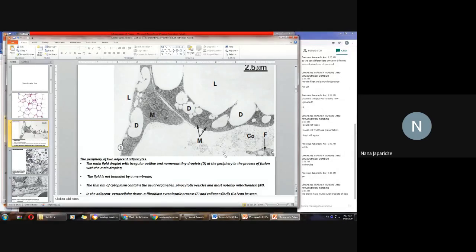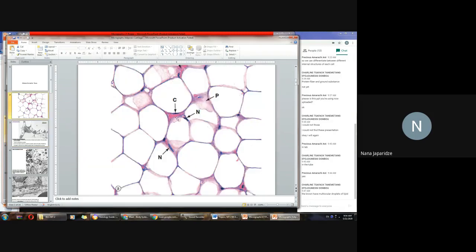Look, this part is extracellular matrix, which contains dots of collagen, because if we see dots, they are in transverse section. And if we see lines, even short lines, it means these are longitudinally or obliquely sectioned collagen fibers, okay? So, a small part of white adipocytes. This is the cytoplasm, a rim of cytoplasm, this dark stained blue rim.